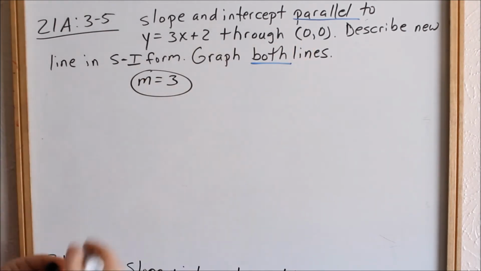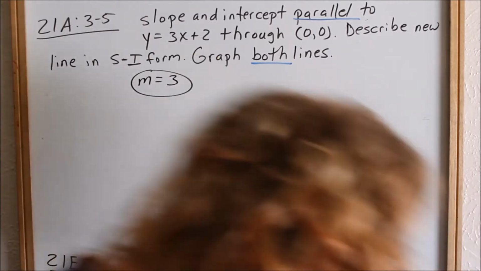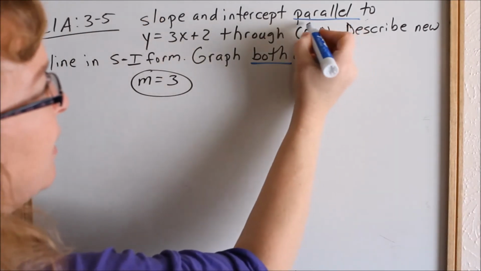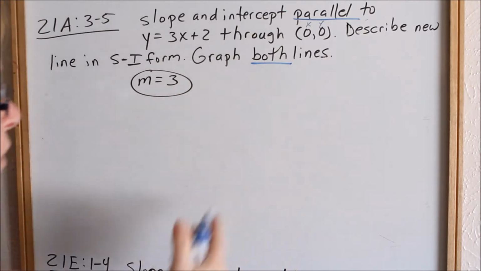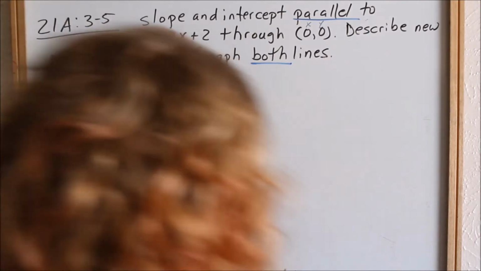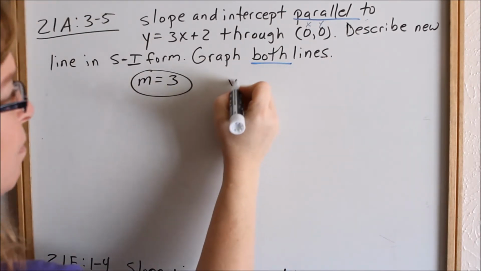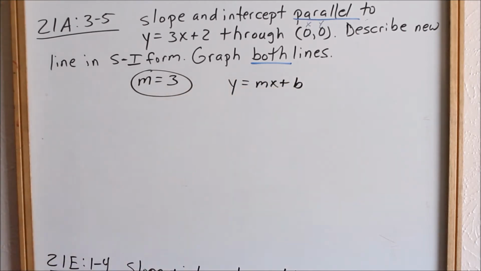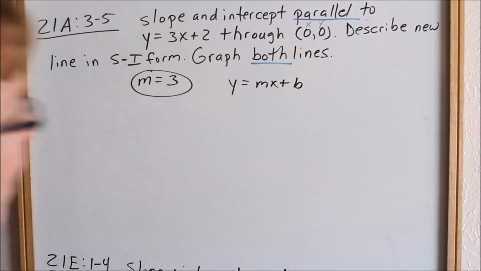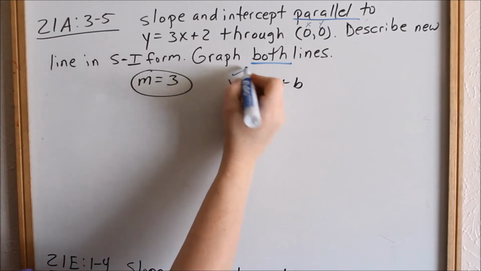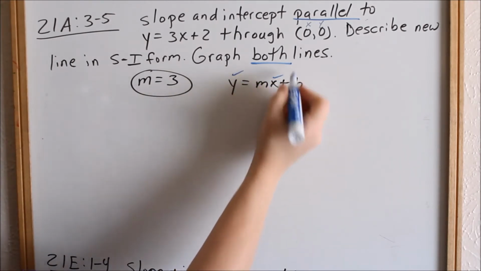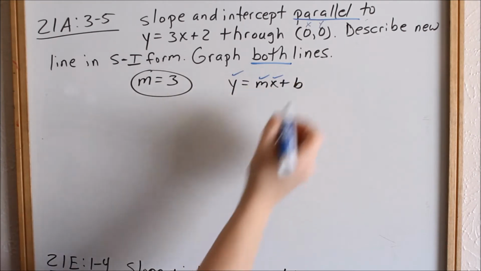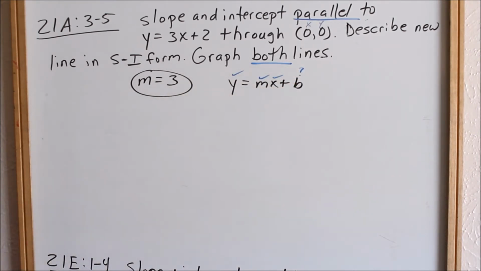We are going to be going through the point 0, 0. Remember, when they give you a coordinate, that is an x and a y value. So we can take our x and y value and plug it back into y equals mx plus b, the general equation of a line, to find our y-intercept. Because we know a y coordinate, we know an x coordinate, and we know our slope. So the only thing that we don't know is our y-intercept.